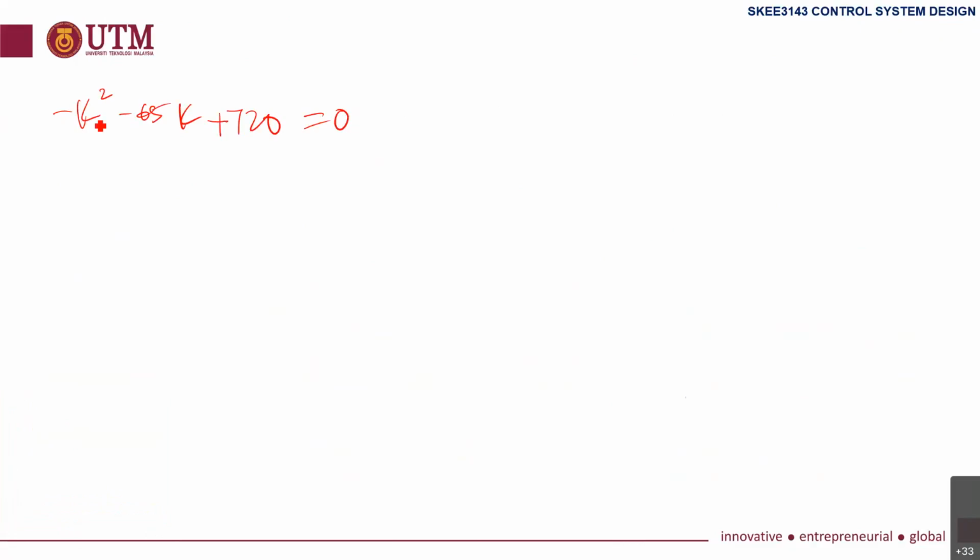If you solve this, you get K equal to 9.65. That is the gain when the row of 0 happens, when the system is critically stable.